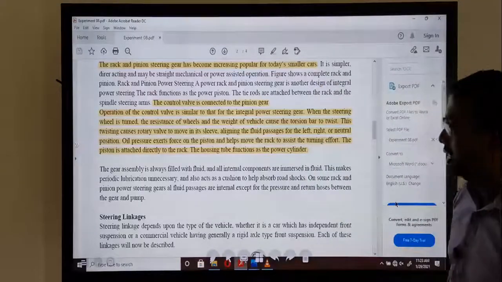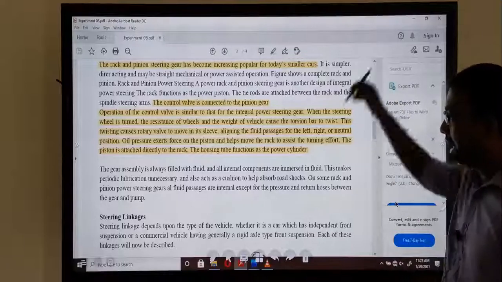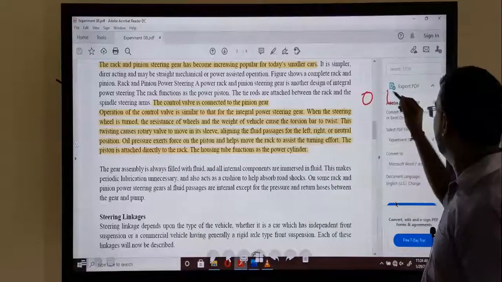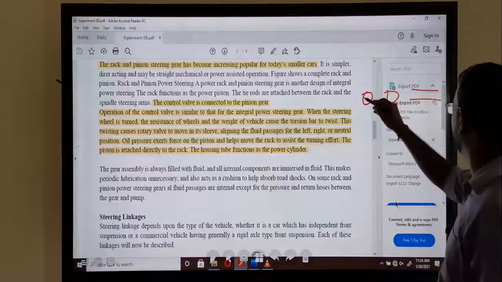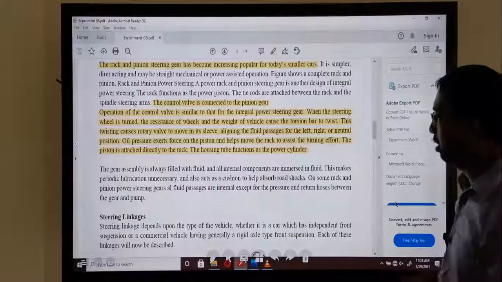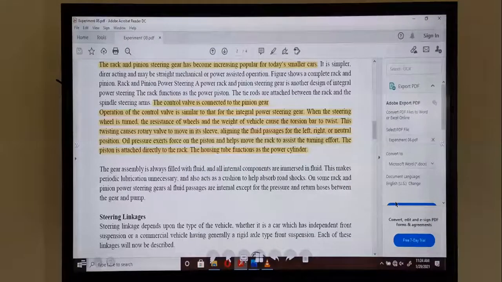This twisting causes the rotary valve to move in its sleeve up and down, aligning the fluid. Aligning means when the hole comes straight to this part, this fluid will move. Aligning the fluid for the left, right or neutral position, oil pressure exerts force on the piston and helps move the rack, assisted.